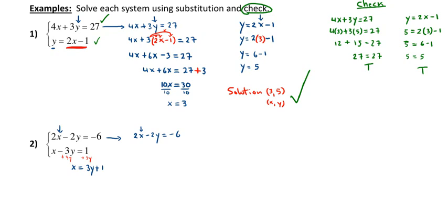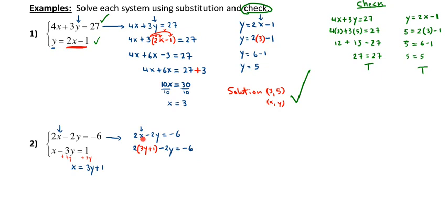That's going to give us 2 times, because it's a multiplication, 3y plus 1, because that is the value of x. Everything else remains the same. That's going to be minus 2y is equal to negative 6. And that is the resulting equation.